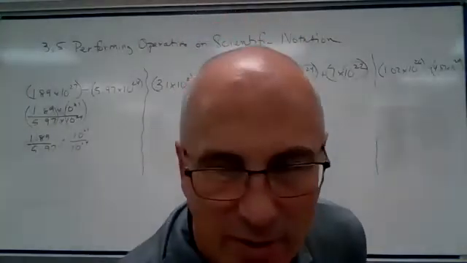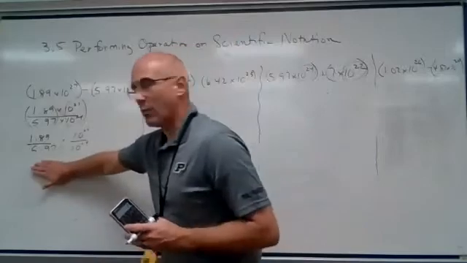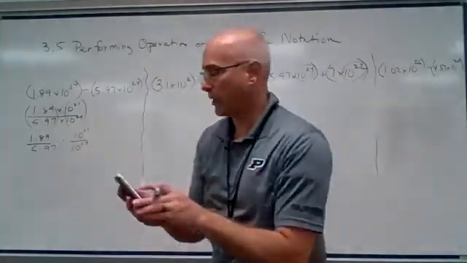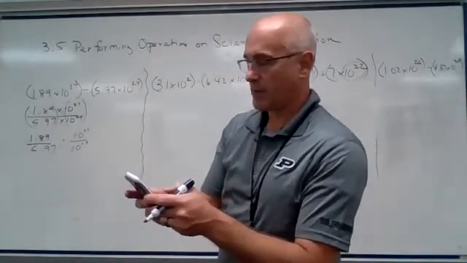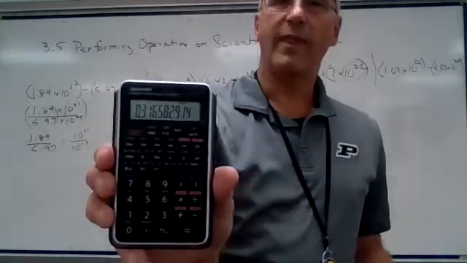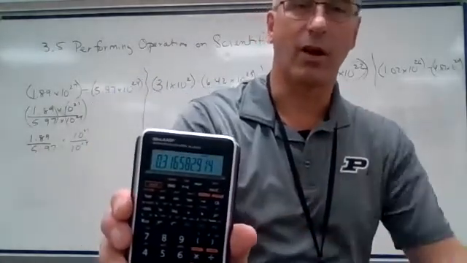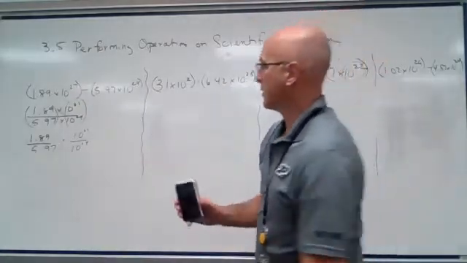I am going to take my trusty calculator because I don't want to spend time figuring this out longhand. 1.89 divided by 5.97, and we get that. That's kind of a long decimal, and it probably goes on even longer. I'm going to round it to, let's say, 4 decimal places.